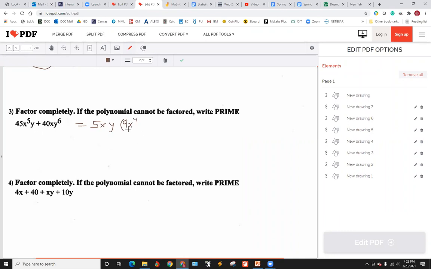No y's left over. 5 into 40 goes 8 times. And then the x's don't need to be worried about because it's going to be there. And then y to the 5th. And then that can't be factored anymore.